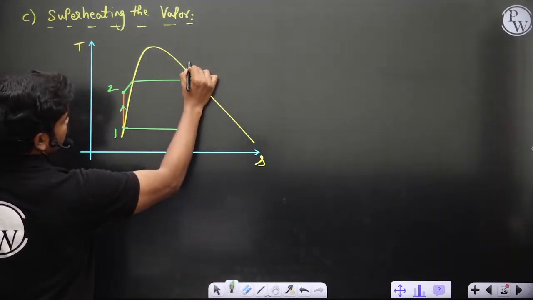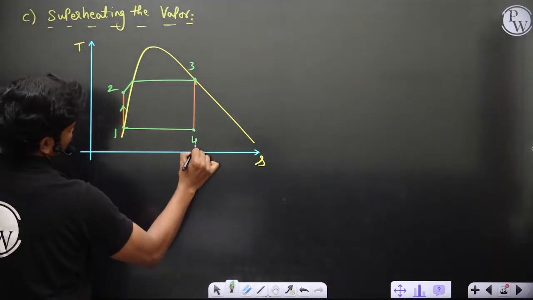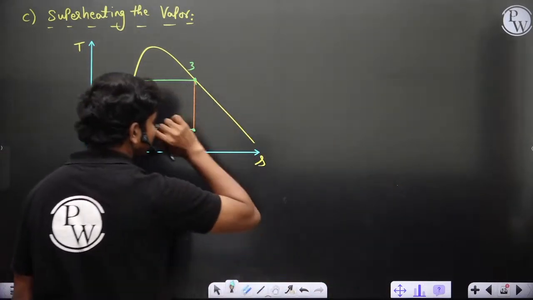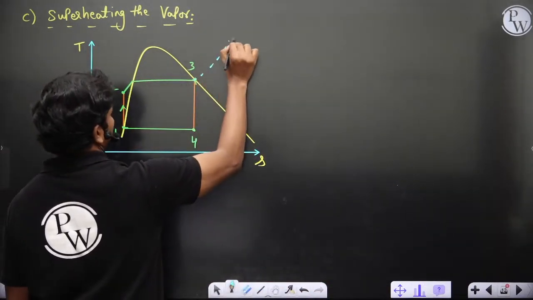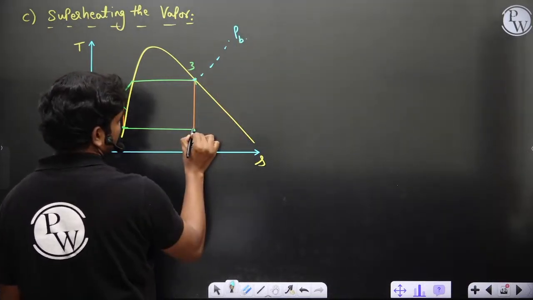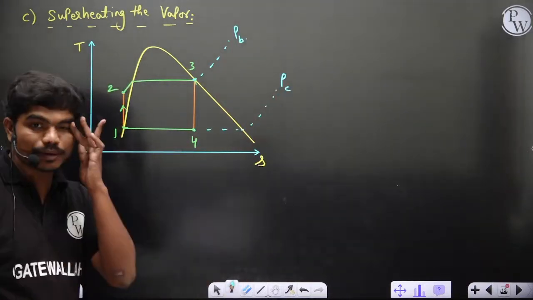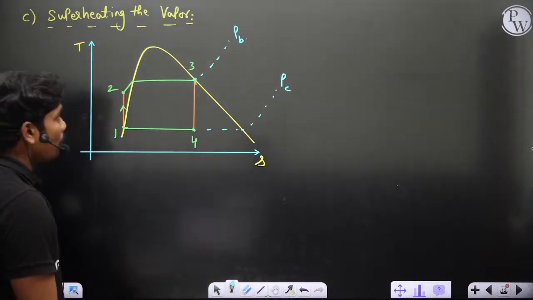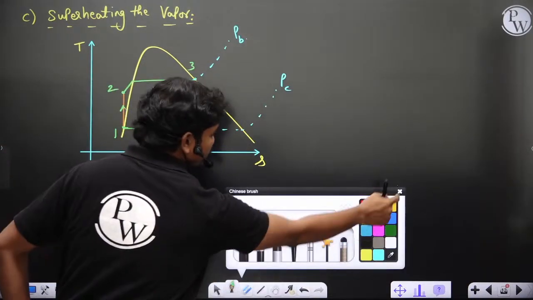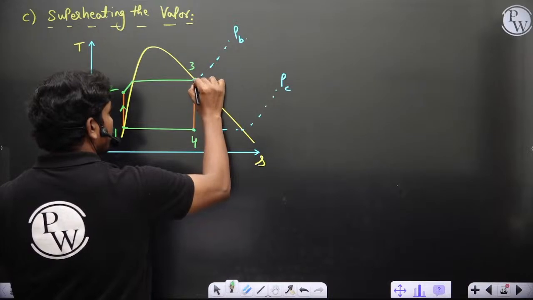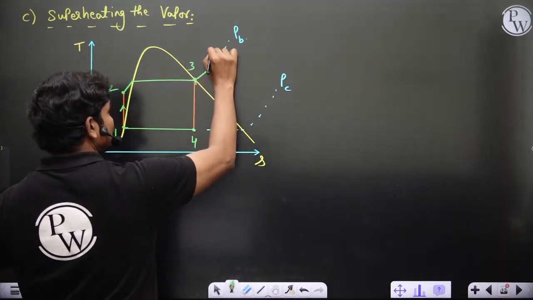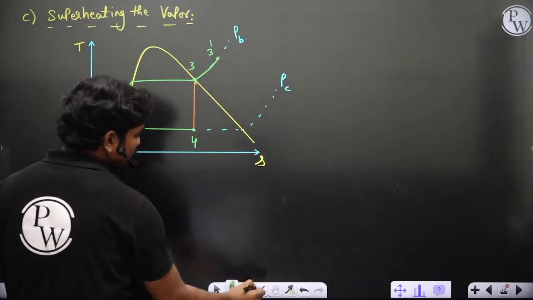Now let's say this is 3 and this is 4, and this is the line of constant pressure, P boiler, and P condenser. So this is P boiler and also P condenser. Now in case of superheating, you can increase the temperature to a certain point. This is 3 dash.